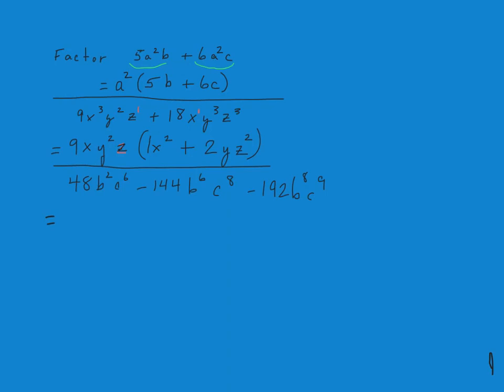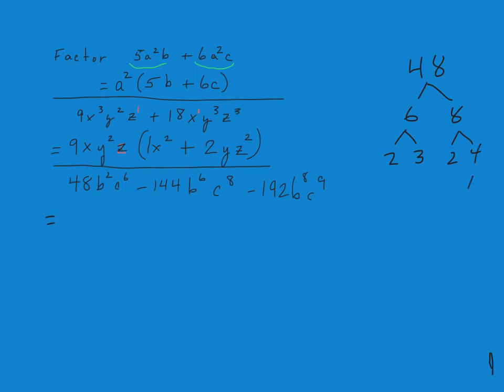So let's go off over to the side here and make this a little bit smaller. So 48, just looking at the numbers, the coefficients, 48 breaks down as 6 times 8. 6 is 2 times 3. 8 is 2 times 4.